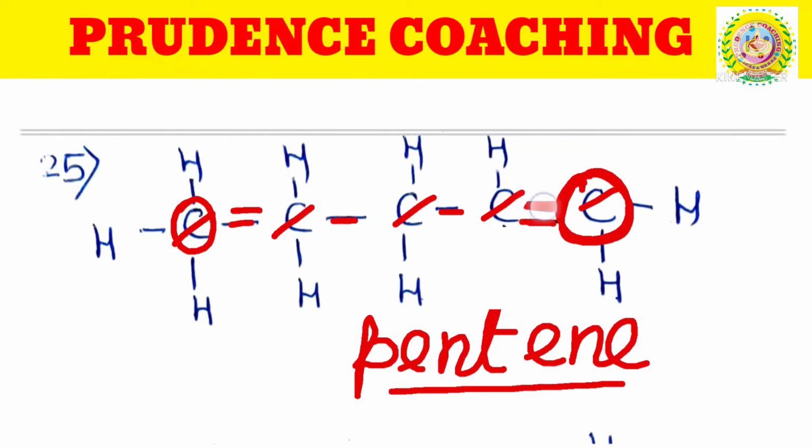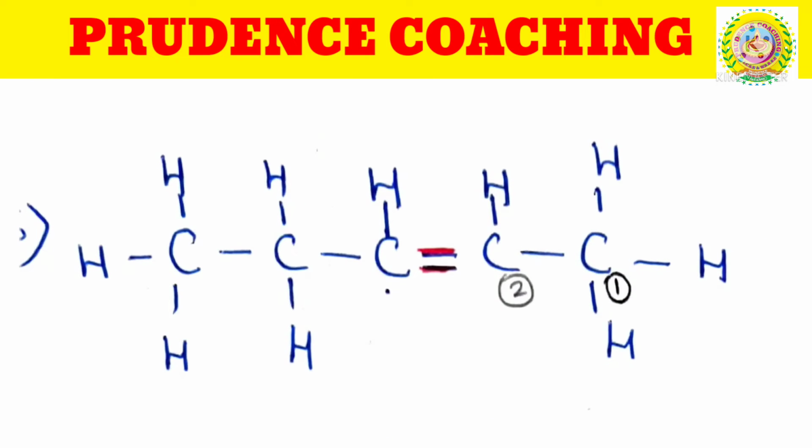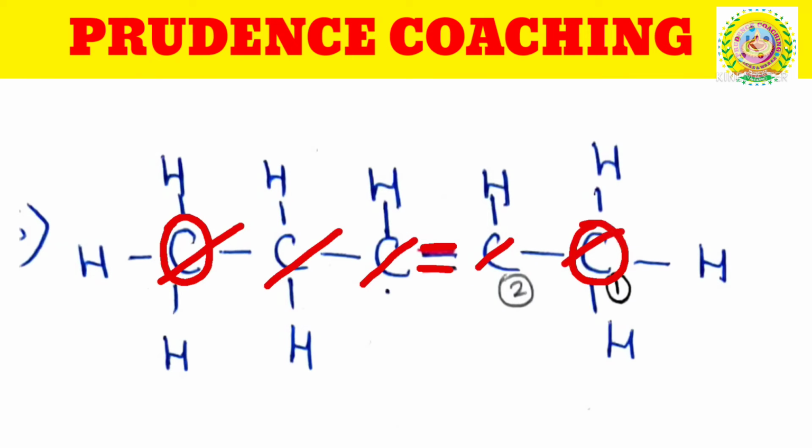But if you find this covalent bond in the middle somewhere here, then what would you have done, as it is not with the terminating carbon? So first the rule will be to count the number of carbons, that is 3, 4, 5. So you will write here pent.